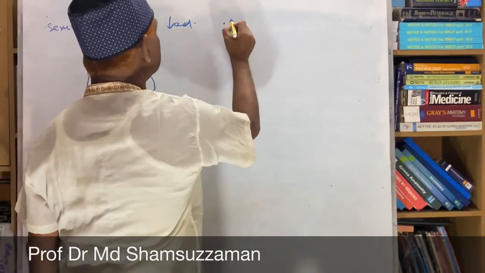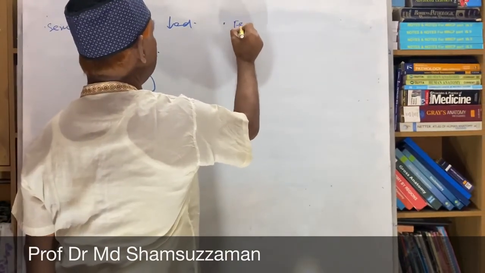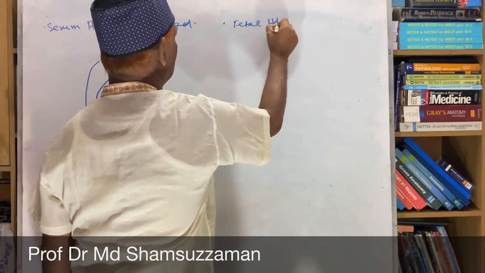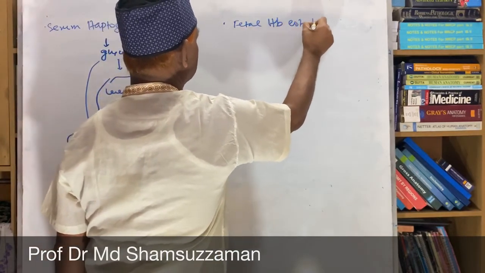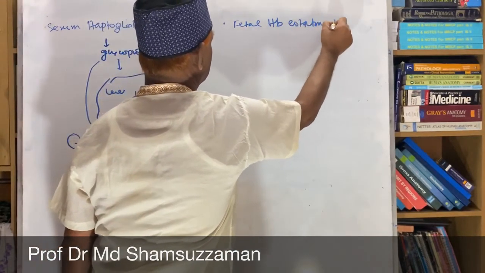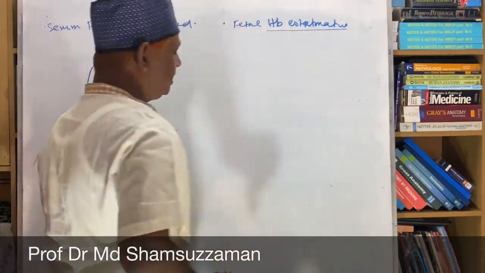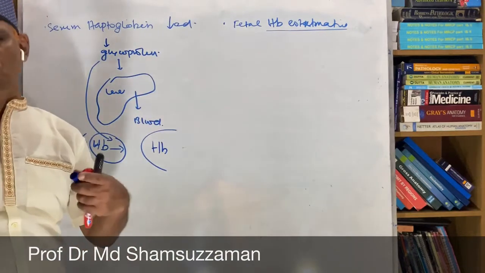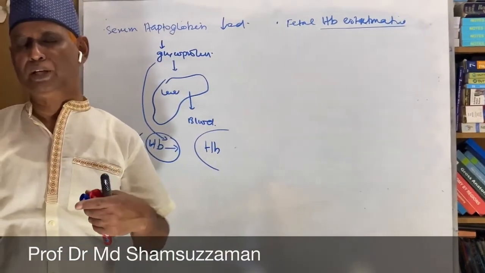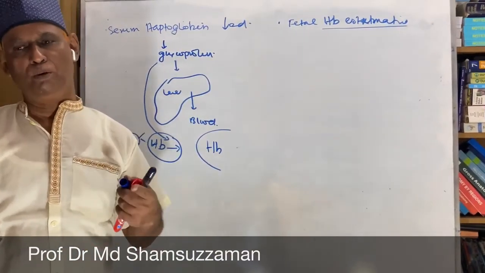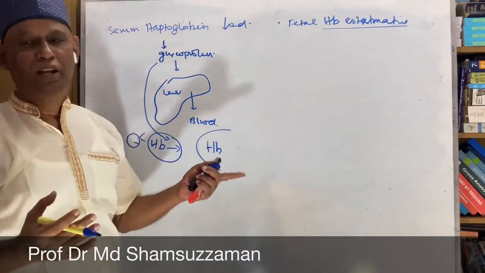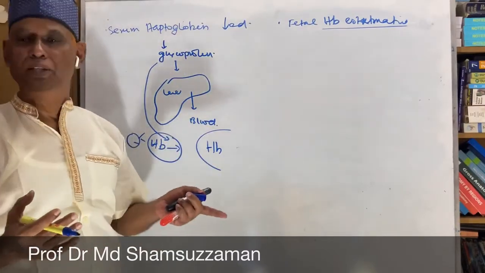Then fetal hemoglobin estimation. Dear audience, you know normally less than 1% fetal hemoglobin is present in our body. In case of thalassemia, fetal hemoglobin is increased.